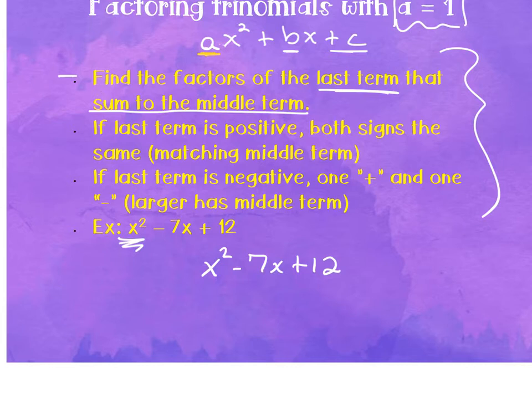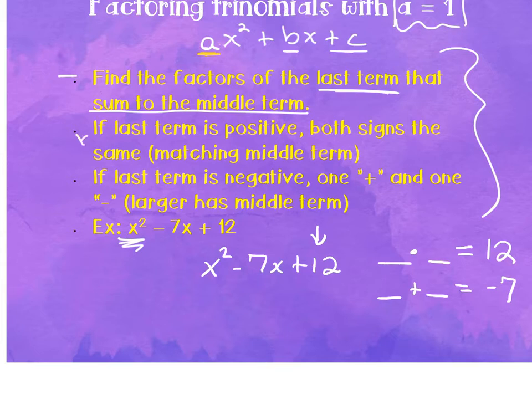So I'm looking for two numbers that when I multiply them, they equal 12, and those same two numbers also need to add to give me the middle number.